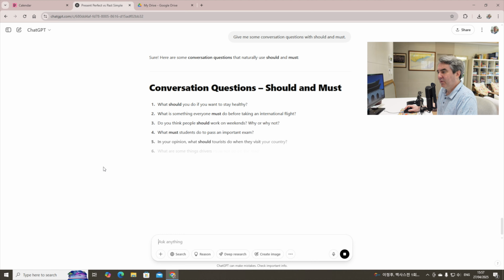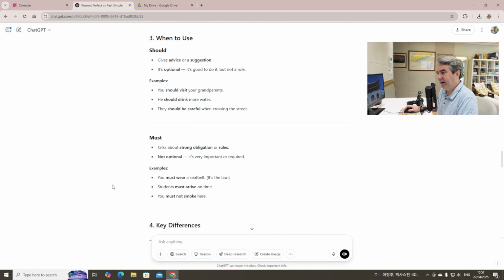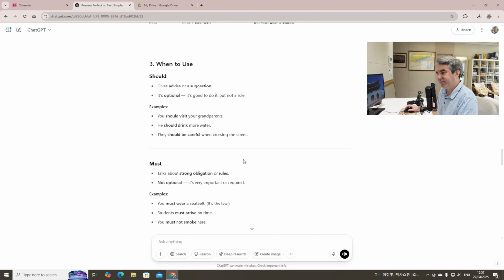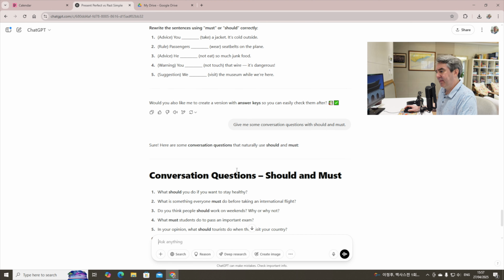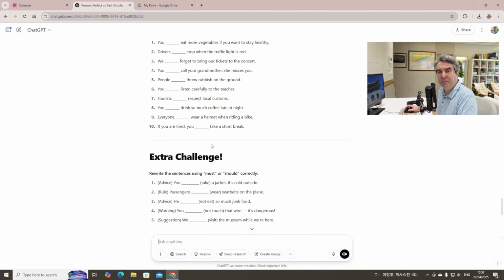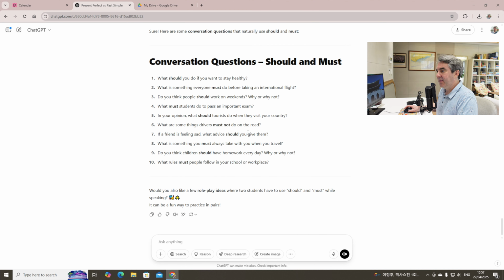Okay, so what I'm planning to do is introduce should and must. Then I'm going to get the student to complete the gap fill exercises. Then I'm going to be looking at conversation questions.